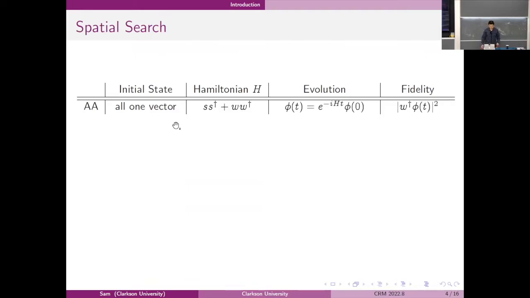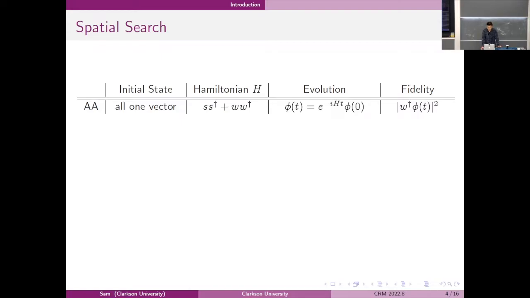Now we have a comparison here. For the analog, our initial state is the all-ones vector, because we have no idea which vertex is the target vertex. So we start with an all-ones vector representing a uniform distribution over all the vertices. Then the Hamiltonian is |s><s| plus |w><w|. The |s><s| is actually the adjacency matrix of a complete graph.